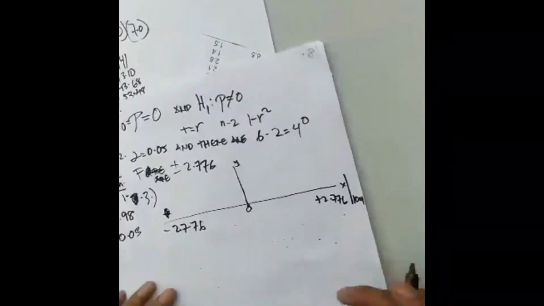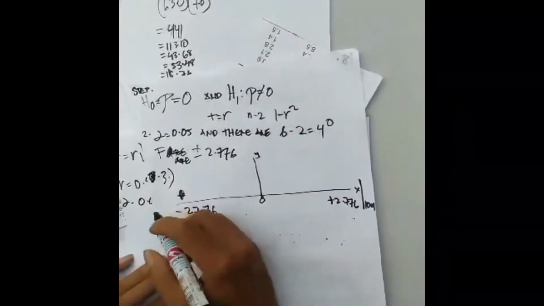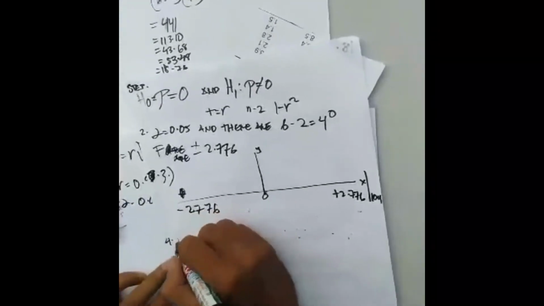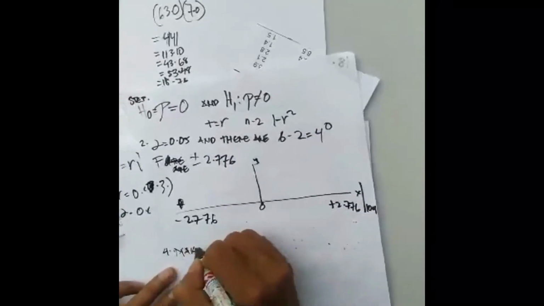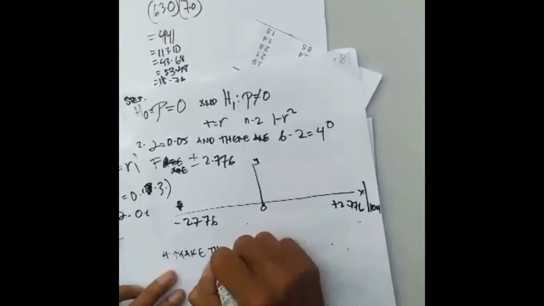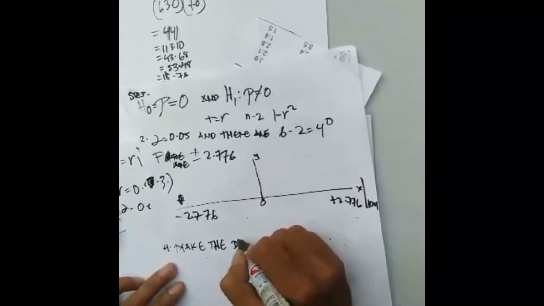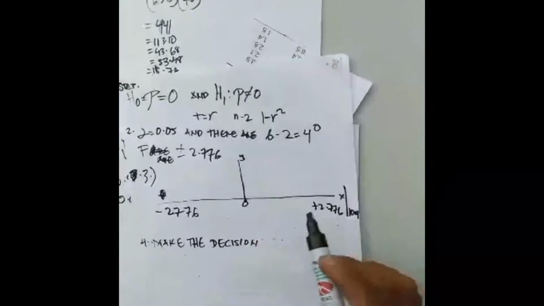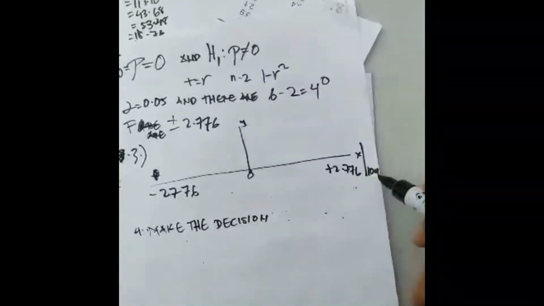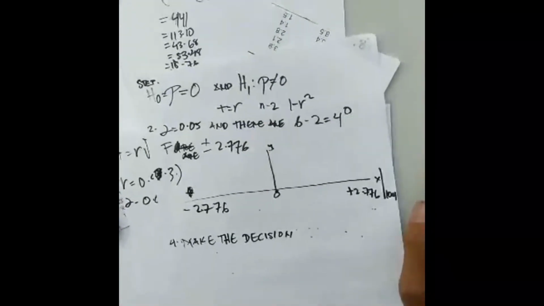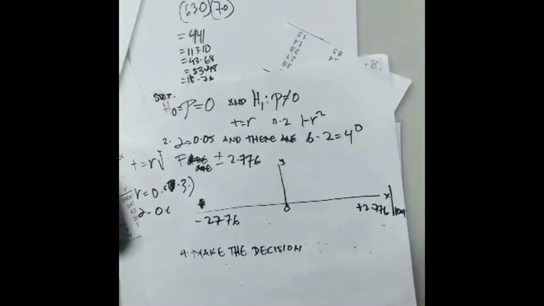So ang step 4 niya, to make the decision, reject the null hypothesis. So since meron tayong positive, negative 2.776 at 10.4 dito, ang resulta niya is reject the null hypothesis.